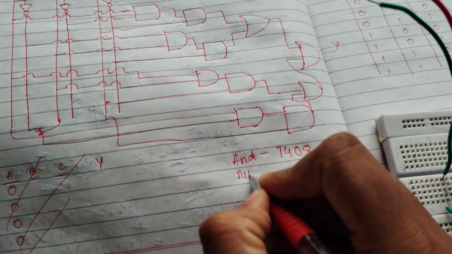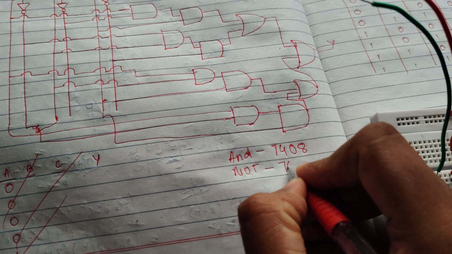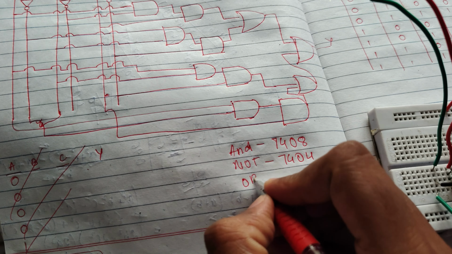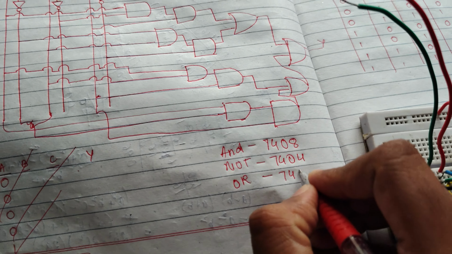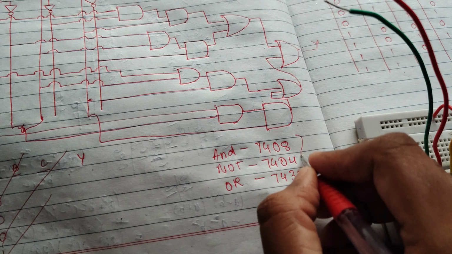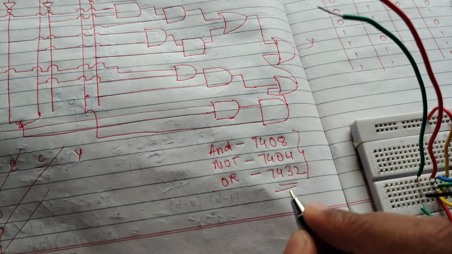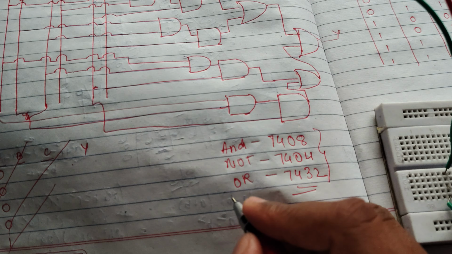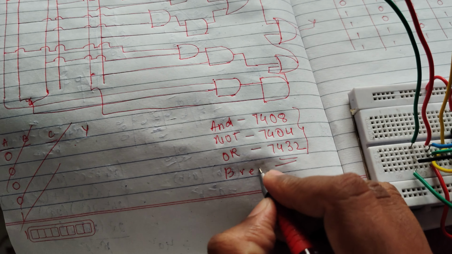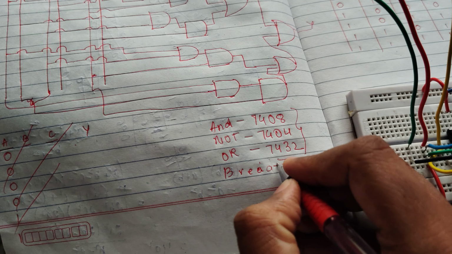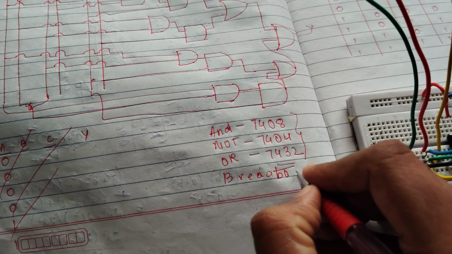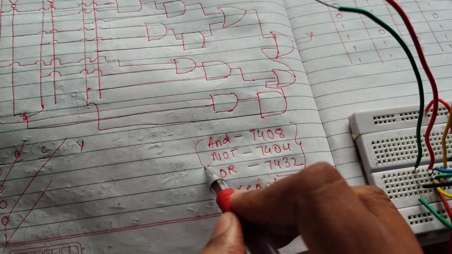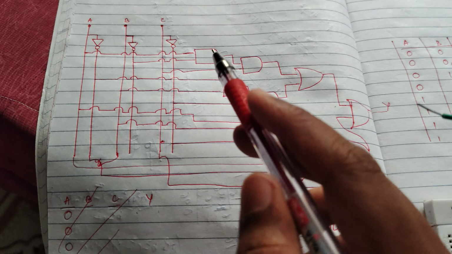And one more IC we are going to use is 7404 for the NOT gate, and after that we are going to use the OR gate, that is 7432. I have already made videos on how to use all these ICs, and I'm going to use a breadboard. I have already made a video on the breadboard also. If you are new to my channel, see those videos, which are very short, and you will understand how to use them. Okay, so these are the things I am going to use to make this whole circuit.